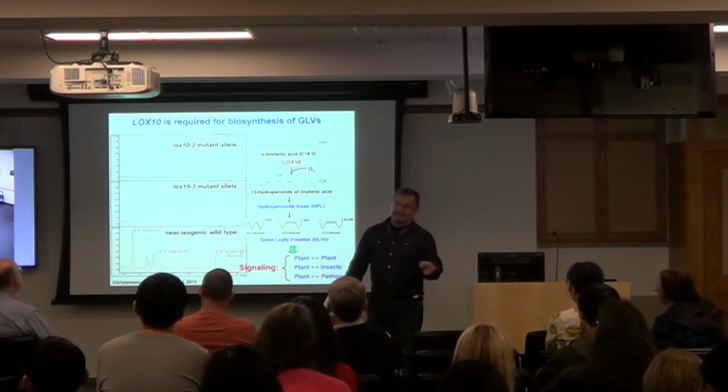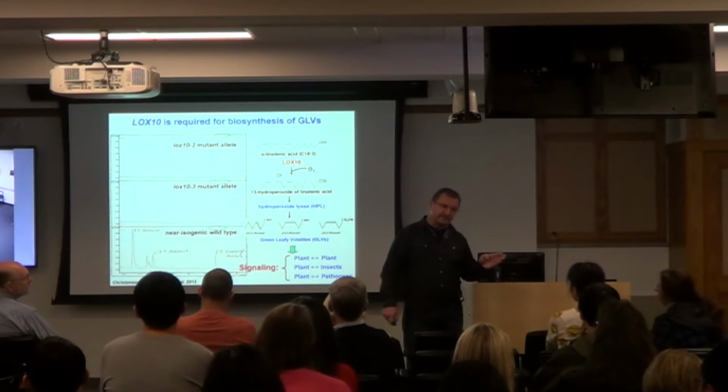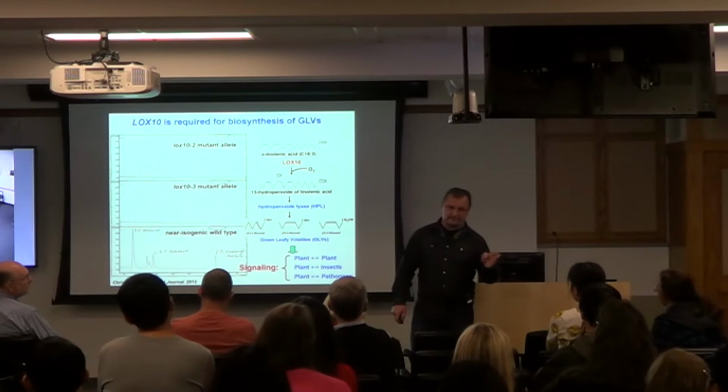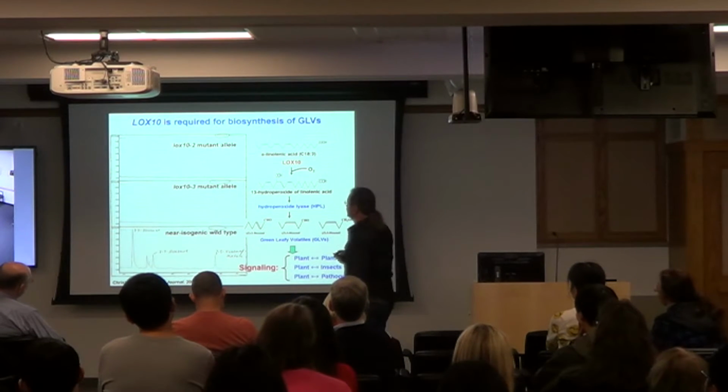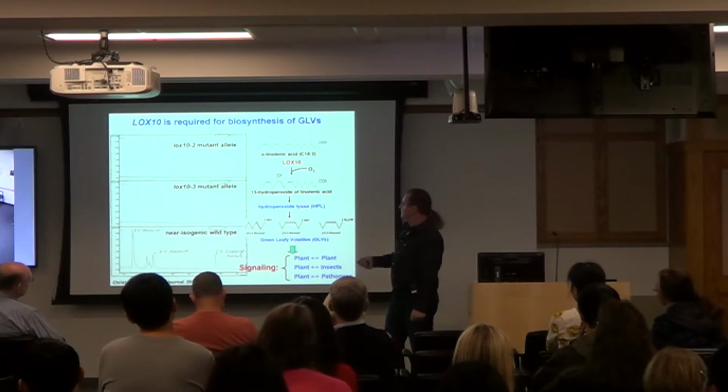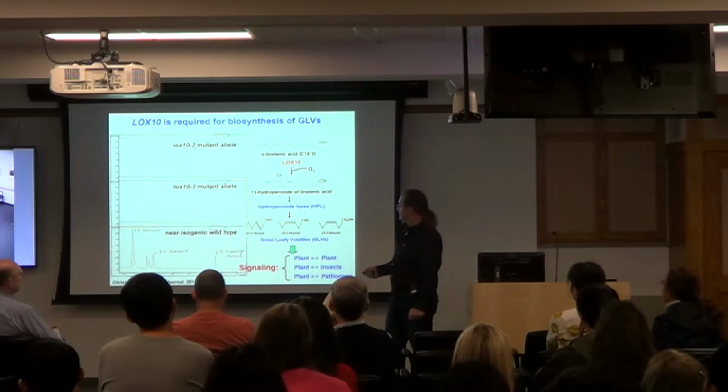In the case of LOX5, I still cannot pinpoint exactly which oxylipin it produces. However, we do know for sure that LOX10 is the sole lipoxygenase in the maize genome responsible for green leafy volatile biosynthesis.